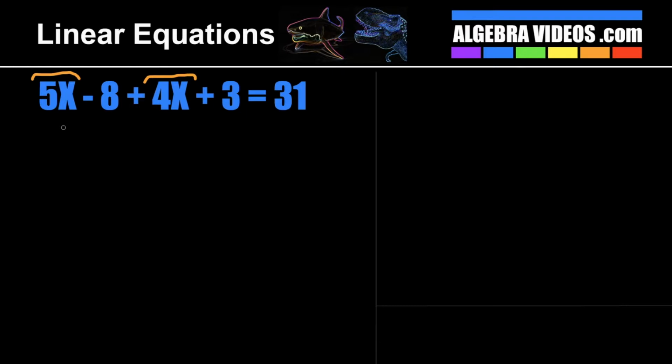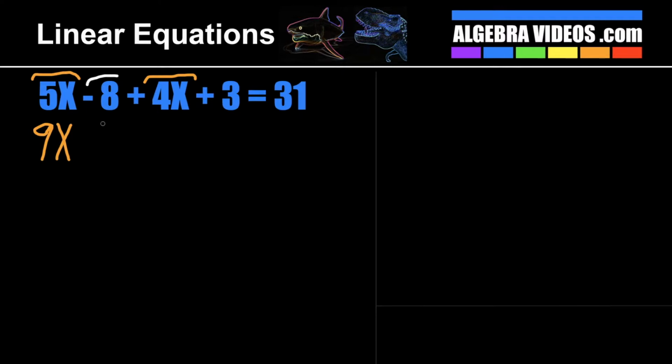So we're going to combine any of these parts of this equation that look similar. 5x and 4x look very similar. In fact, I know I can rewrite that as 9x. 5x plus 4x is 9x. And then the rest of the equation, I'm just going to keep writing as it is.